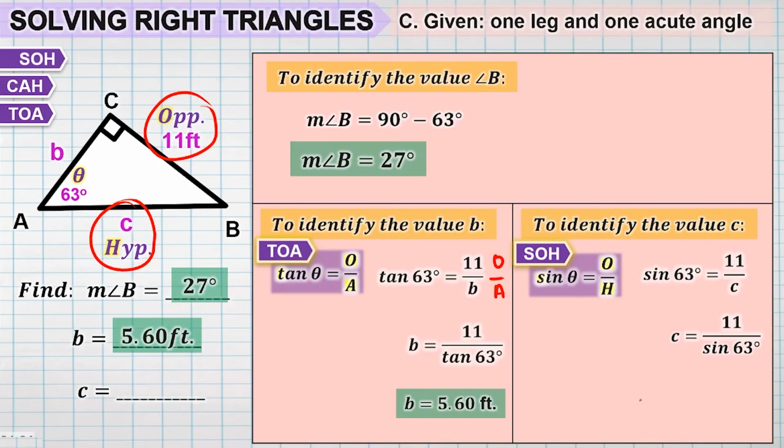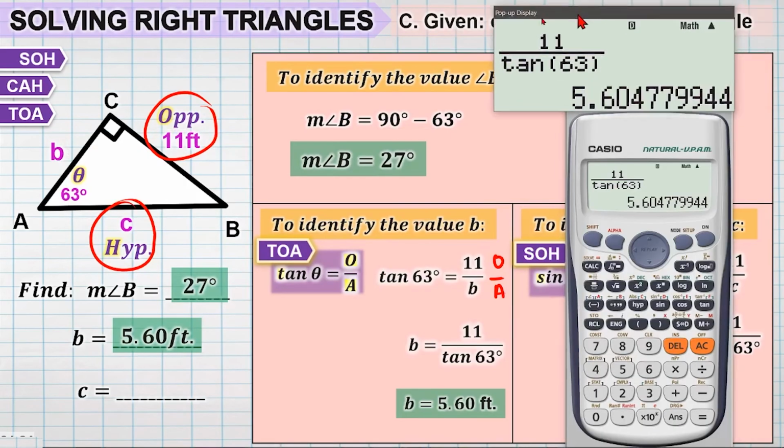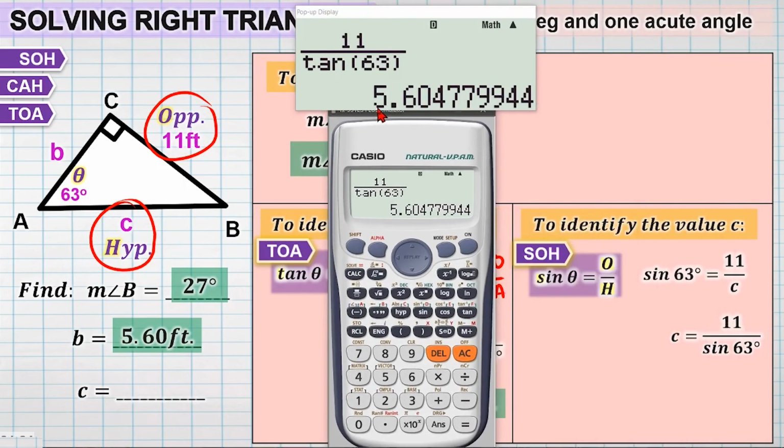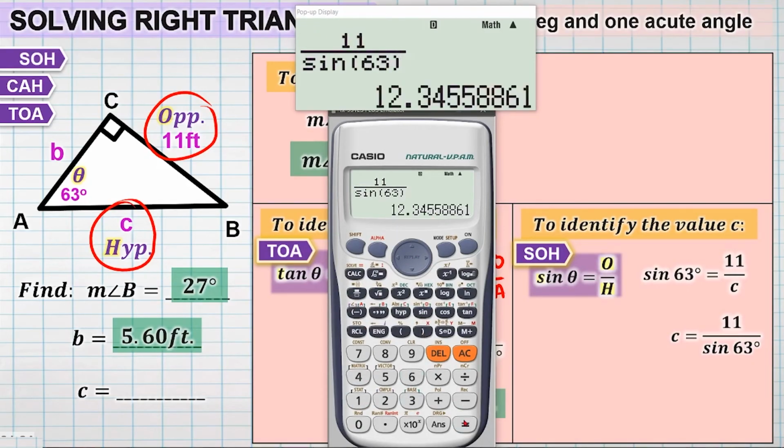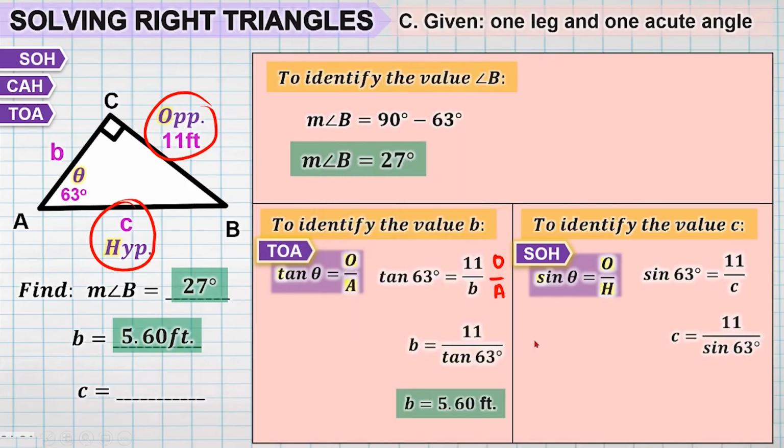Type nga natin sa calculator. Fraction 11 over sine 63, then close parenthesis. That's gonna be 12.35. Round it off, so 12.345, 12.35 feet. Okay.